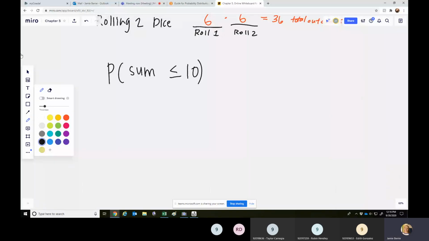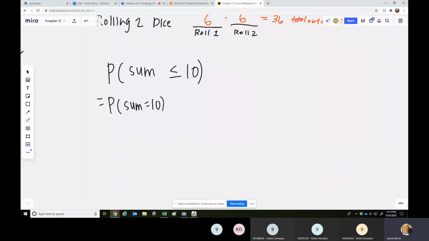First, you could have the sum equal to 10, plus the probability that the sum is equal to 9. We're just going through all the numbers less than or equal to 10, plus the probability that the sum is equal to 8. We're just going to keep going down, plus the probability that the sum is equal to 7.